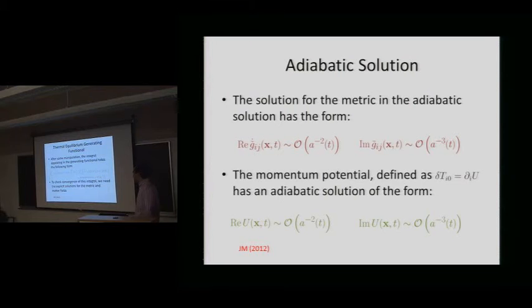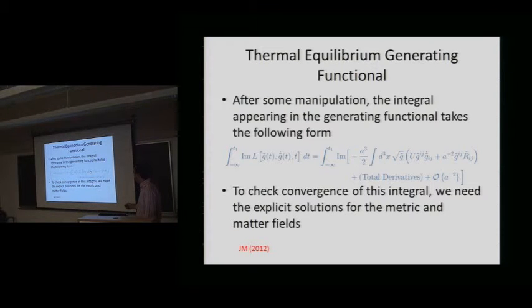If we go back to this integral, what we see is that this combination, U times Gij dot, the imaginary part of that goes as a to the minus 5, multiplied by a to the 3 gives us a to the minus 2. Over here we have an a to the minus 2, and the imaginary part of Gij goes as a to the minus 3, which cancels this factor a to the minus 3.